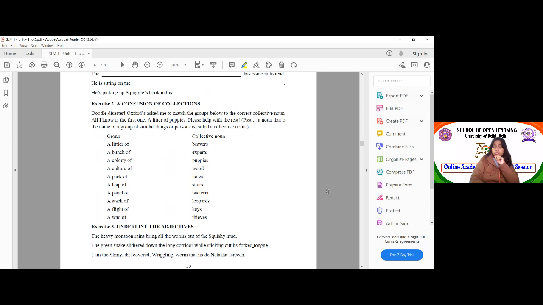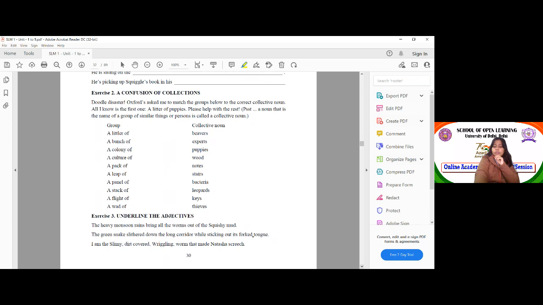So you have to match these groups with the collective nouns, like a litter of, a bunch of, a colony of, a culture of. These are exercises that you have to do.